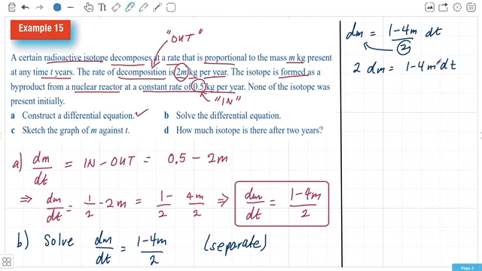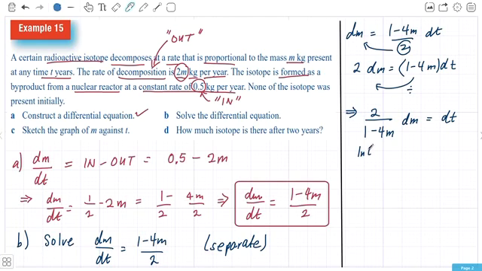Now it's impossible for us to split the m part off from here without bringing the dt and the 1. So this is all really one thing, so let's divide that underneath as well. So we now have 2 over (1 minus 4m) dm equals just dt on its own.